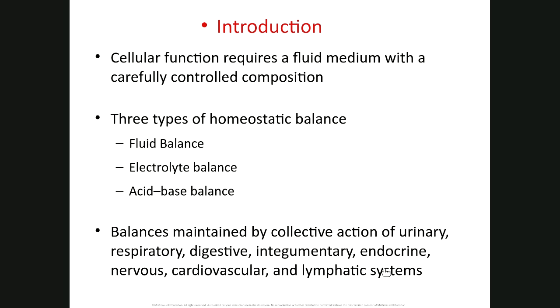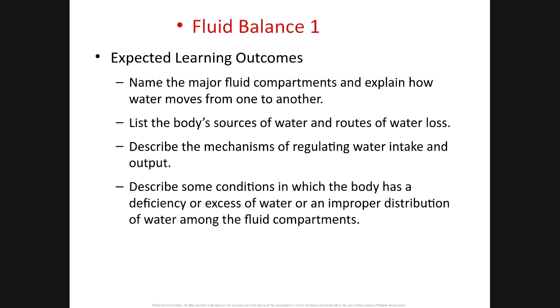You have the urinary, respiratory, digestive, the skin, integumentary, the endocrine, the nervous, cardiovascular, and lymphatic systems, because if this balance is not kept in place, it will result in a disease process. So it's very important that we keep this balance.